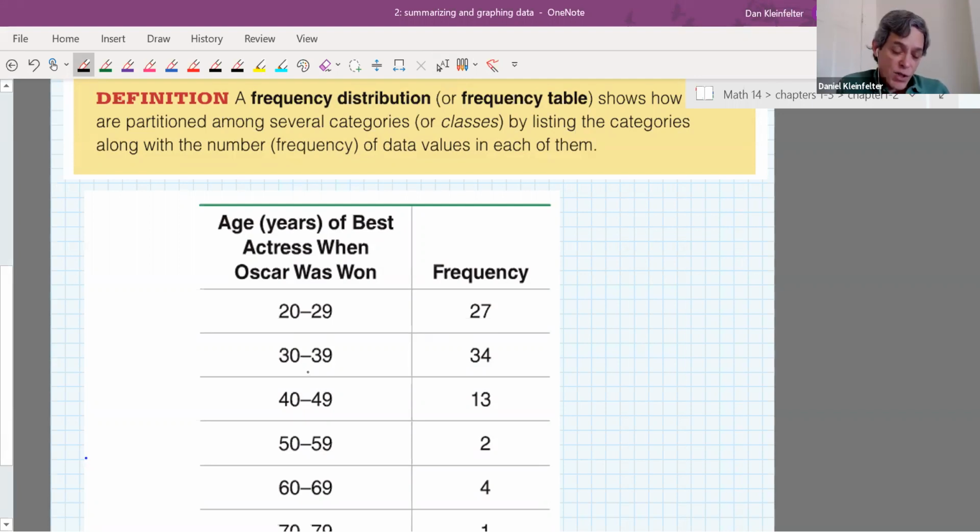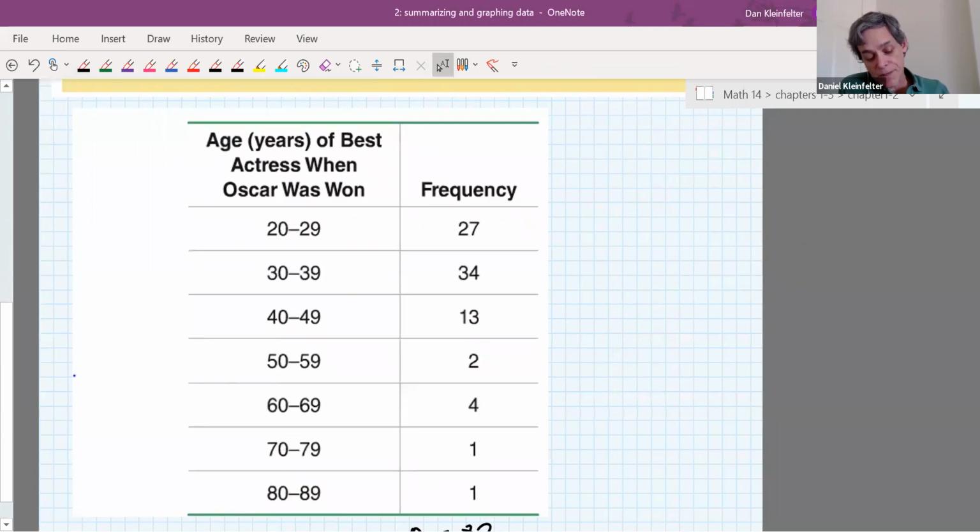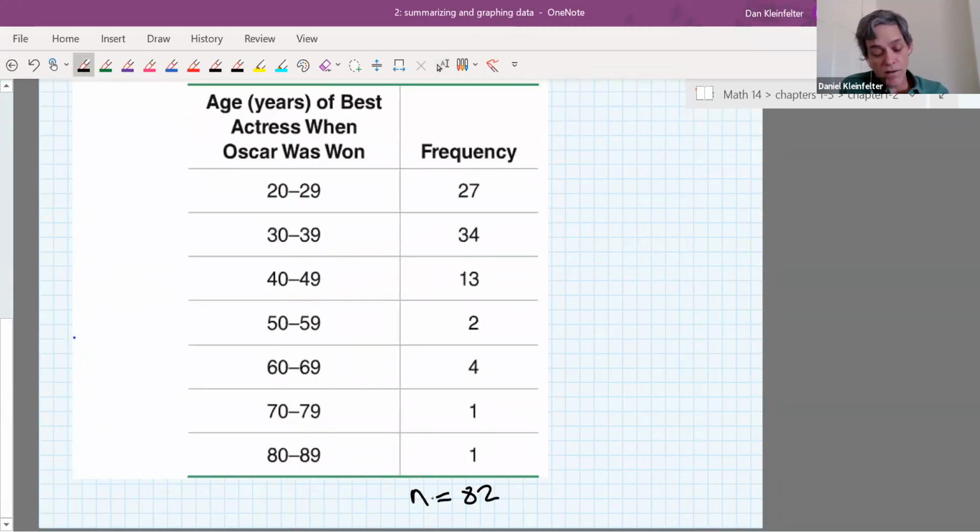And then ages 30 to 39, there were 34 people. 40 to 49, there were 13 people, and so on. So there's a total of 82 Oscar winners, and they're broken down into these 1, 2, 3, 4, 5, 6, 7 classes according to the age at the time when their Oscar was won.